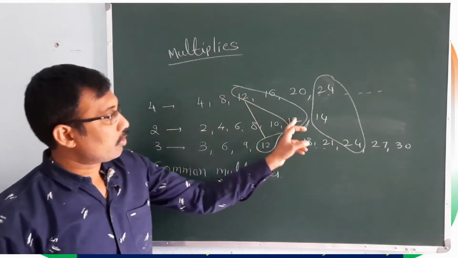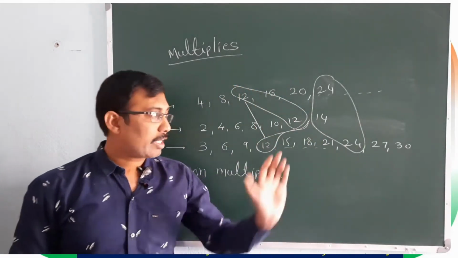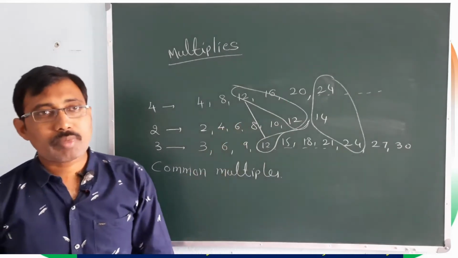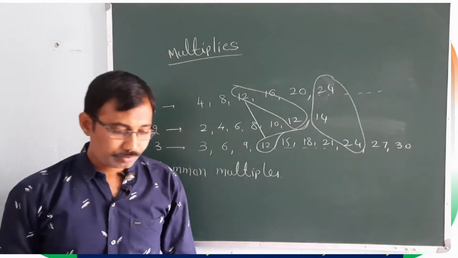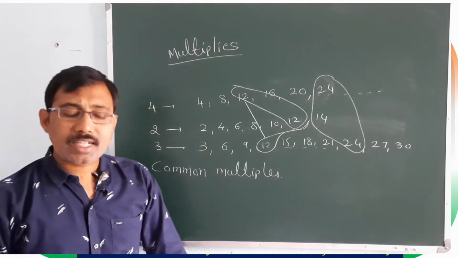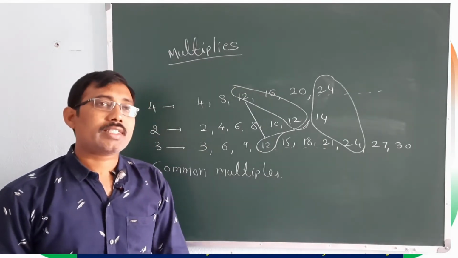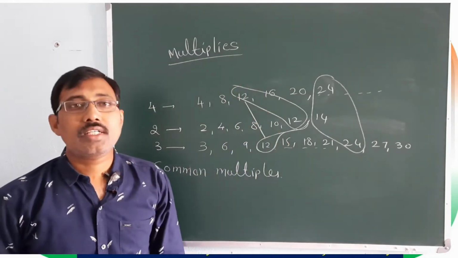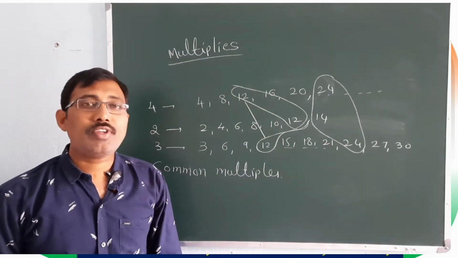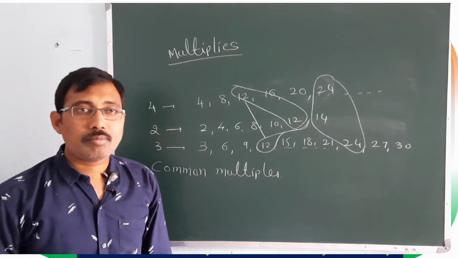Common multiples means the common numbers among the multiples of 2 or more numbers. Natural numbers can have countless common multiples. Any natural numbers have infinite common multiples.